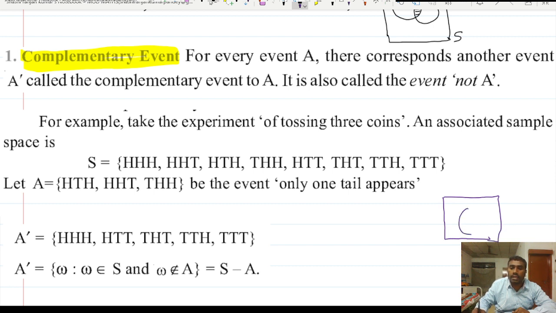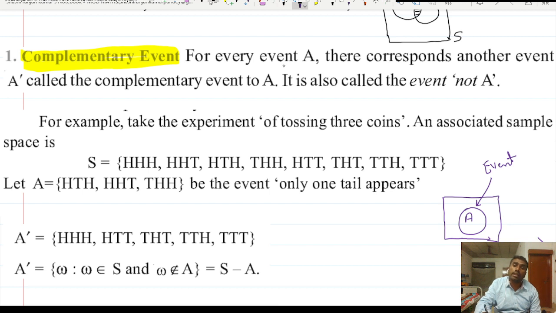And if we take any subset inside the sample space, that is your event. This is nothing but your sample space, that is your universal set. And this is your event inside the sample space. Now the complement of an event means the elements that are not in that event.